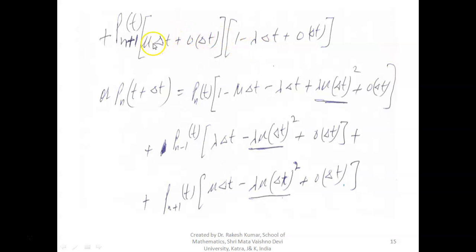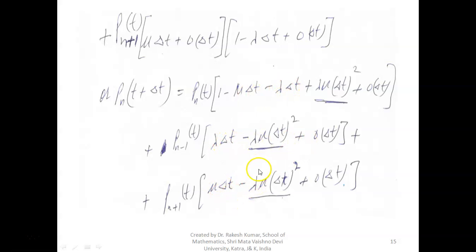So these are the possible cases, and therefore we further simplify the above equation like this, multiplying the terms. These underlined terms are underlined in order to show that these are higher order terms in delta t, so they will be approximated in o(delta t). They will go here, and these terms will remain.